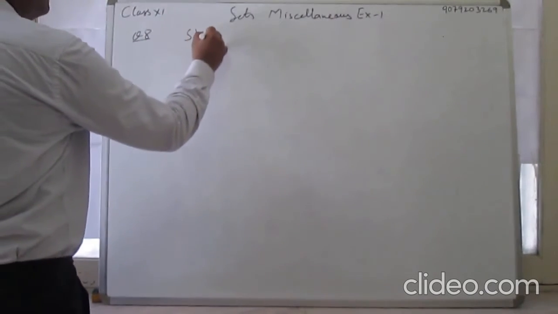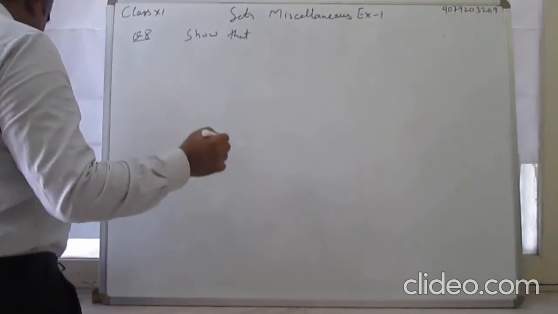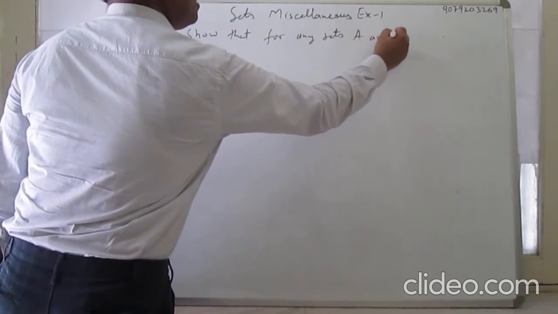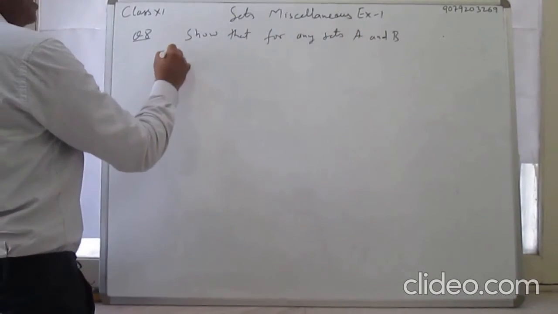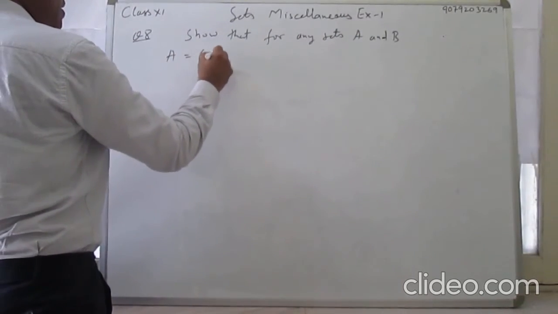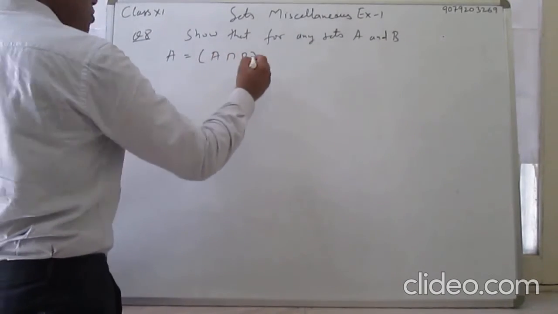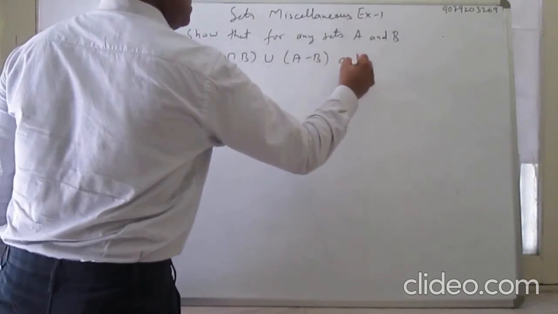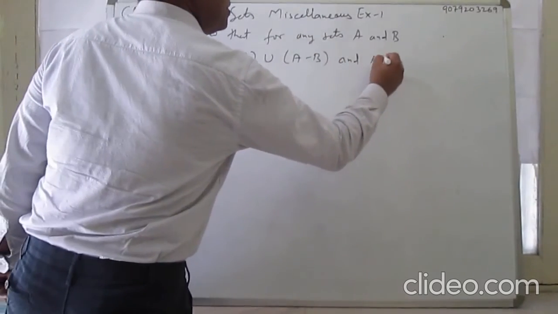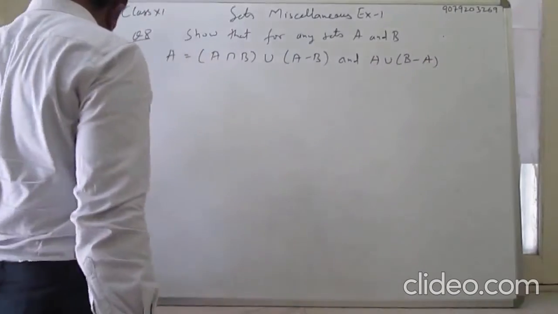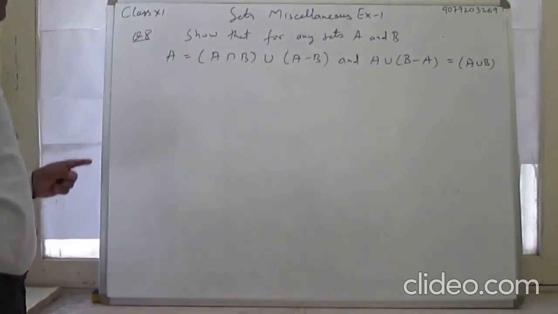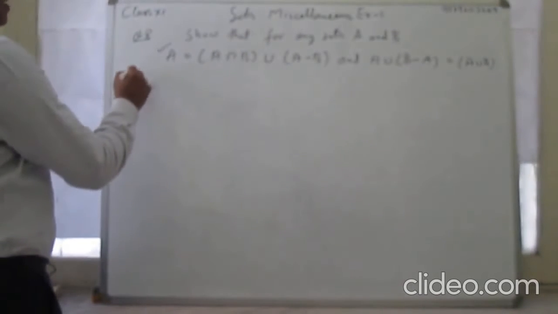Show that for any sets A and B, A is equal to A intersection B union A minus B, and A union B minus A is equal to A union B. You have to prove left hand side is equal to right hand side, or right hand side is equal to left hand side. I will take the first part.